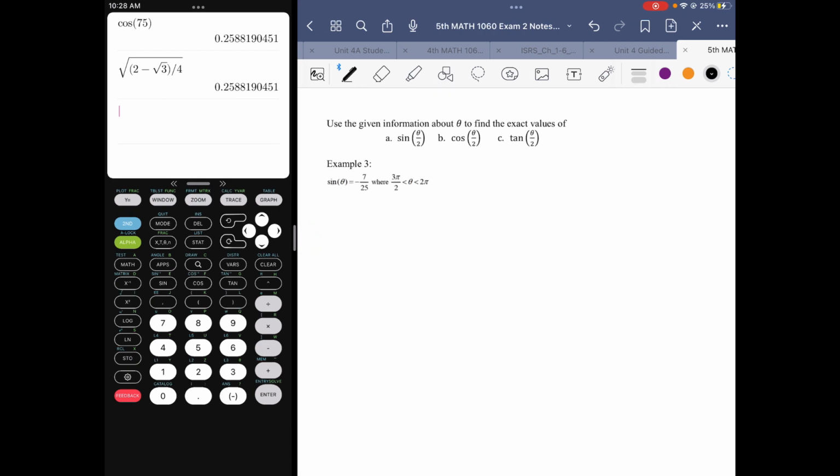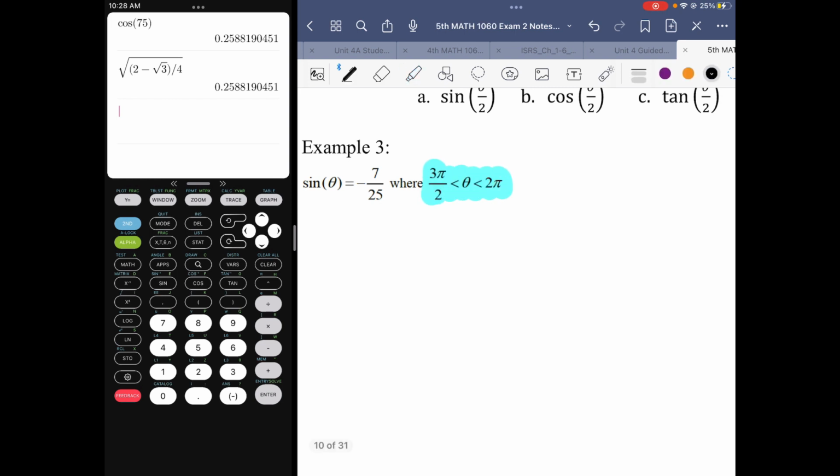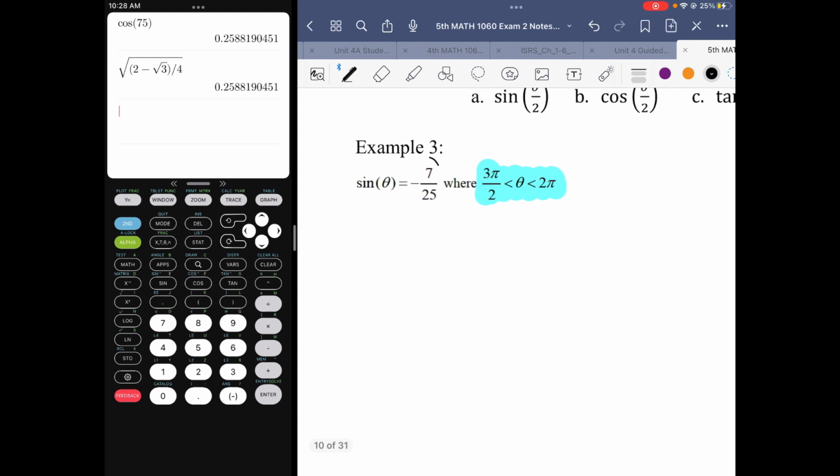So now when we're trying to find sine, cosine, and tangent of these with our half angles, this one's a little bit weird. When we are looking at this, it's telling us that the sine of theta is this when we are in our fourth quadrant, right? But we don't want to know about the sine of theta. We want to know about the sine of theta over 2.